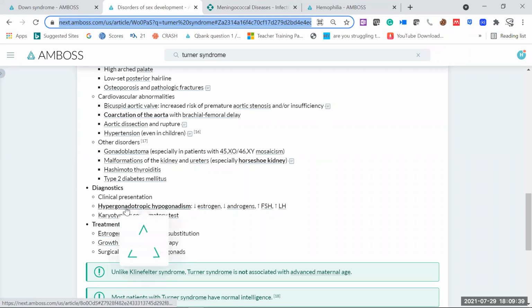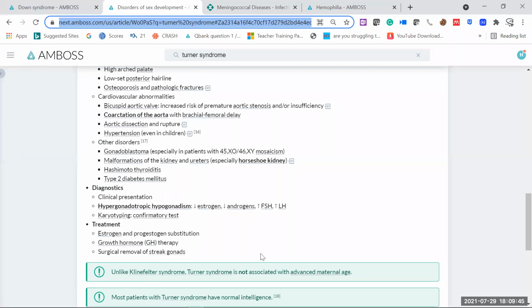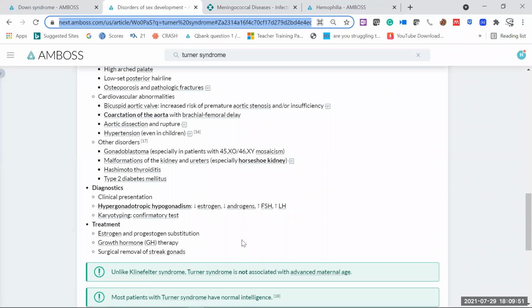Sometimes they have hypergonadotropic hypogonadism. What does it mean? Hypergonadotropic means you will see FSH and LH increased, but hypogonadism means estrogen and androgen will be less. So if there is too much LH and estrogen is not there, that's why fertility is not there, right? Because estrogen, progesterone and androgens are responsible for maintaining the vascularity and muscularity of the uterus.